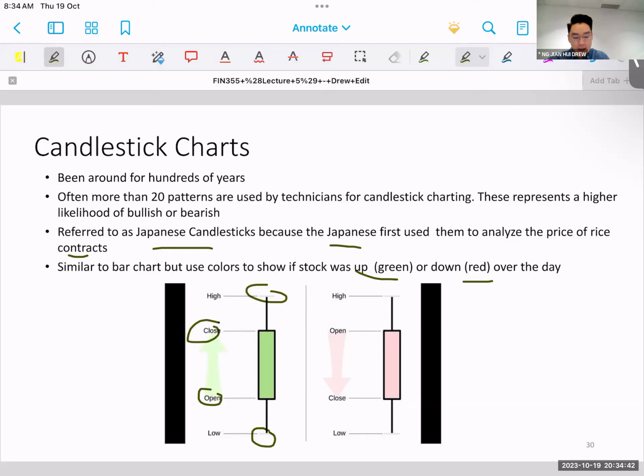Now, what happens if the candlestick is red? It means that the open is above the close. So it means it closed at a lower price, and therefore it's bad for the day, right? So it's red for the day. So that's how we see the red and green candlesticks.